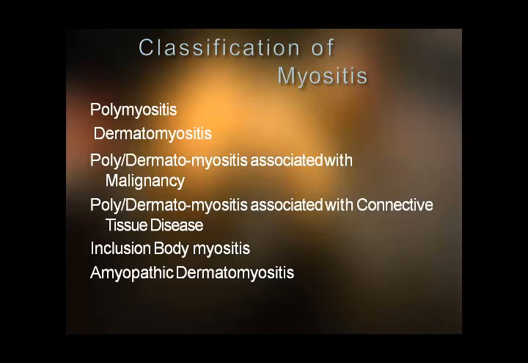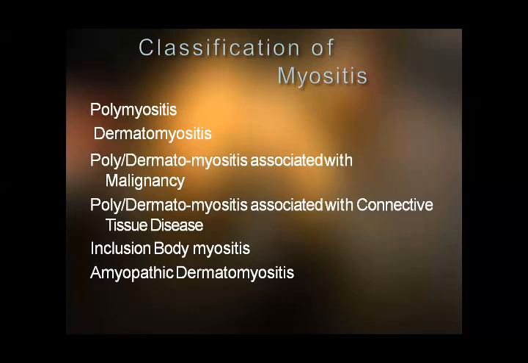Sometimes polymyositis or dermatomyositis is associated with underlying malignancy, so it can be a paraneoplastic syndrome involving muscles and the skin. And polymyositis or dermatomyositis can be associated with connective tissue disorders, especially SLE and other inflammatory connective tissue disorders, that is your collagenopathies.